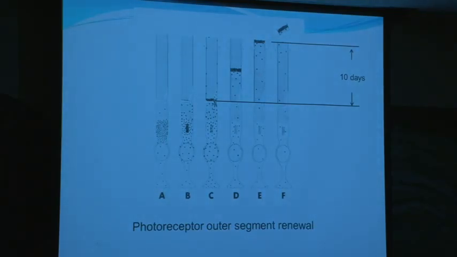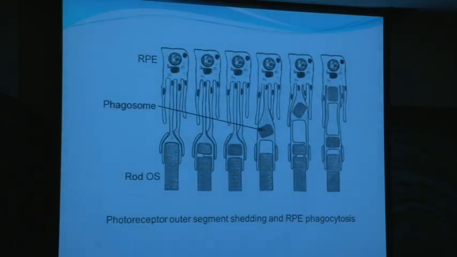And the other thing in the photoreceptor is this UCLA marching band, nicknamed that because in 10 days, it's gone, right? So it's gone where? It's gone to RPE cells.